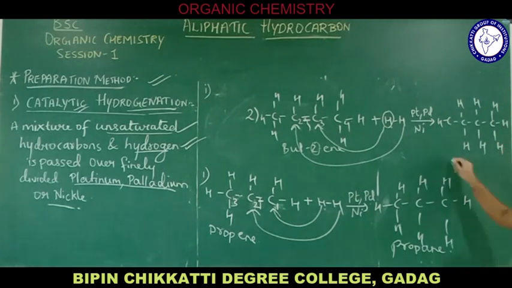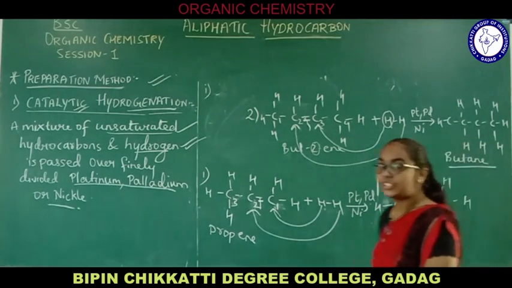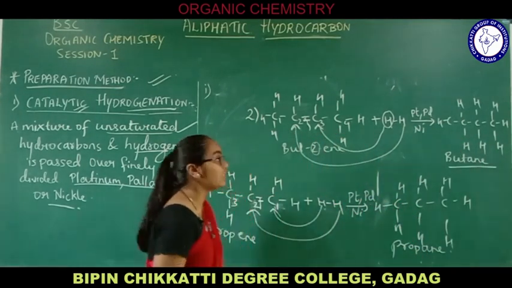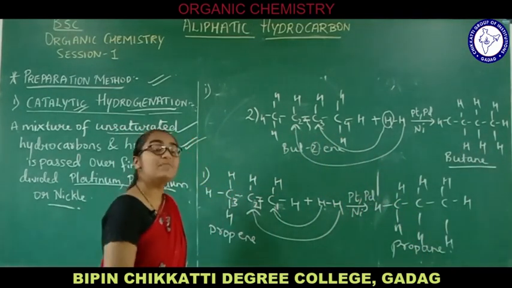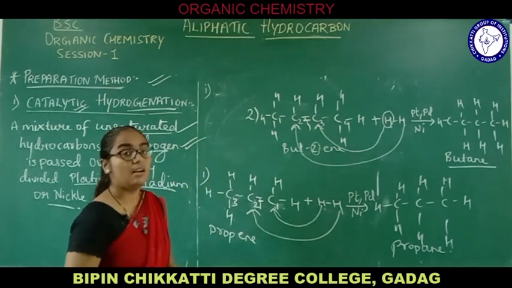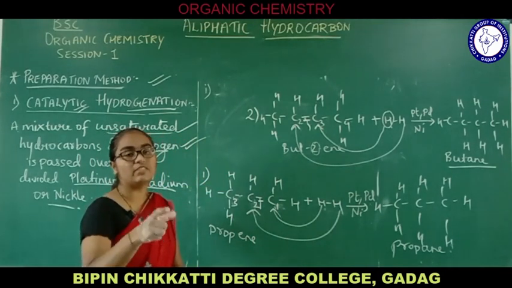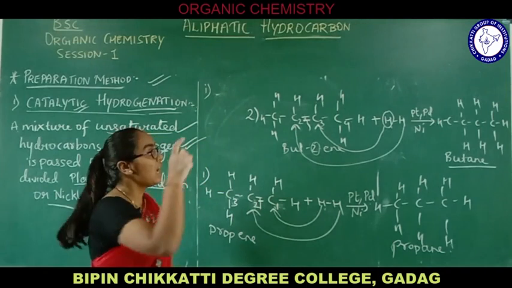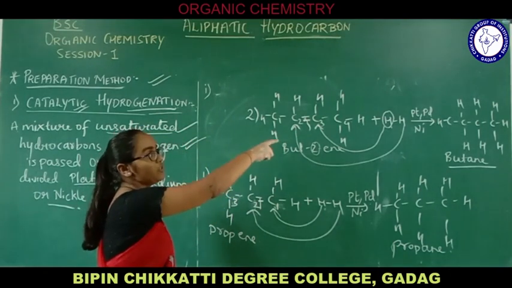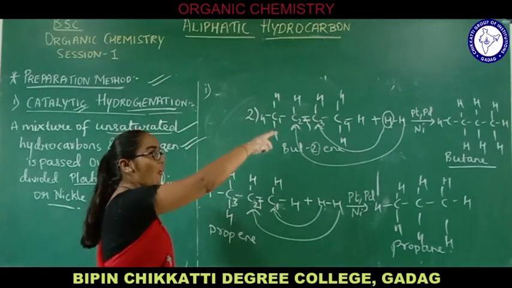This has been converted from but-2-ene into butane. So alkene is getting converted into alkane, the unsaturated hydrocarbon into saturated hydrocarbon, by just breaking the double bond present between the carbon-carbon atoms, and that is done in the presence of platinum, palladium or nickel.